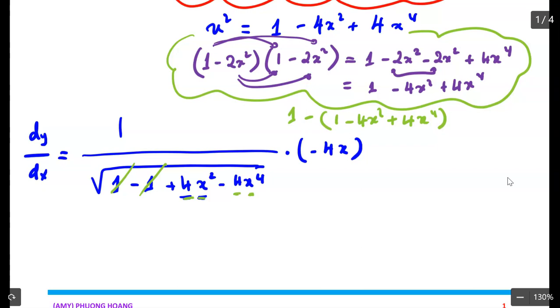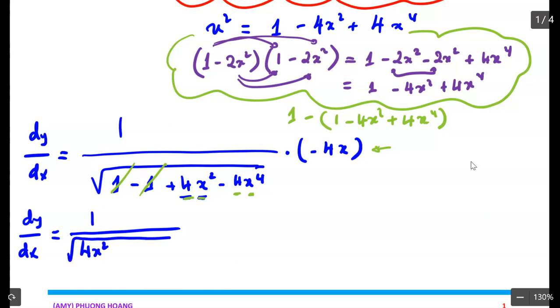The reason I factor out the common factor is so that I can cancel out with what I have as the numerator, which is negative 4x. But don't forget that I have the square root, so I will factor out the perfect square so that I can simplify and take it out of the square root. So in this case, I will write dy over dx as 1 divided by the square root, and I will factor out the 4x squared.